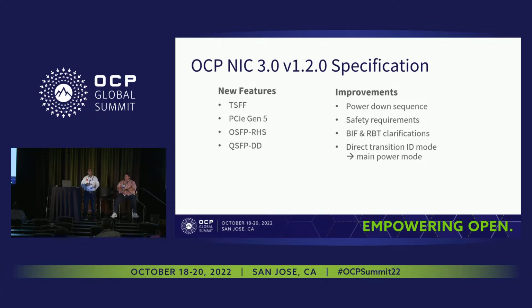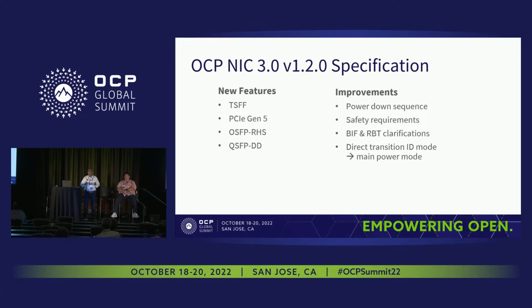This is where OSFP, RHS, and QSFP-DD were added in 1.2. And while doing that, we also went over the whole spec and looked at other things, where over the last couple of years before 1.2 we got feedback on requirement clarifications, especially around bifurcation and RBT. We also added safety requirements.